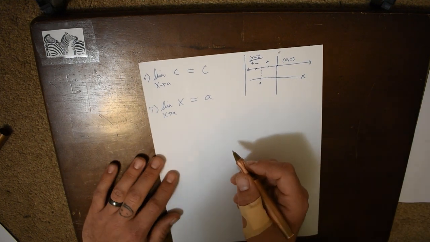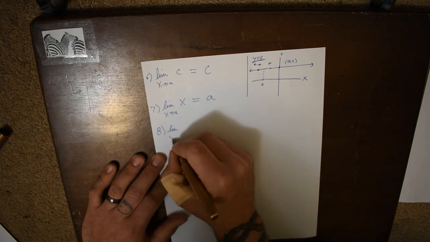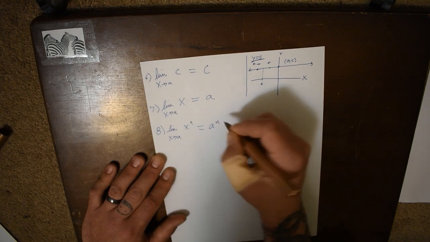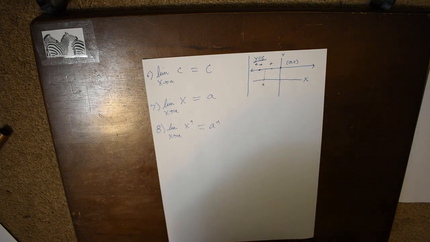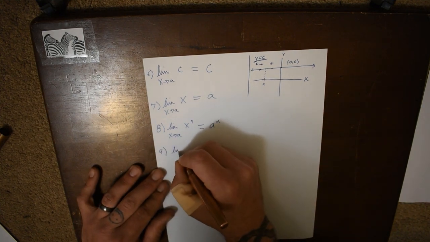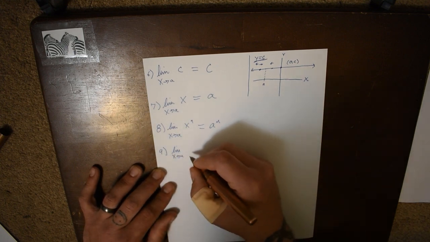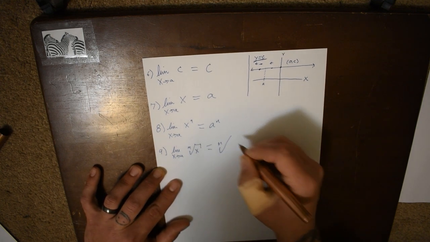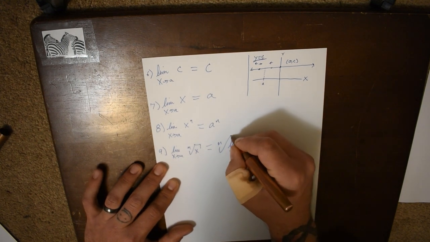We've got a couple more. Let's call this 8. The limit as x goes to a of x to the n is equal to a to the n. 8 is very similar to that power law. And then 9 is also similar to the power law. The limit as x approaches a of the nth root of x is equal to the nth root of the limit as x goes to a of x.